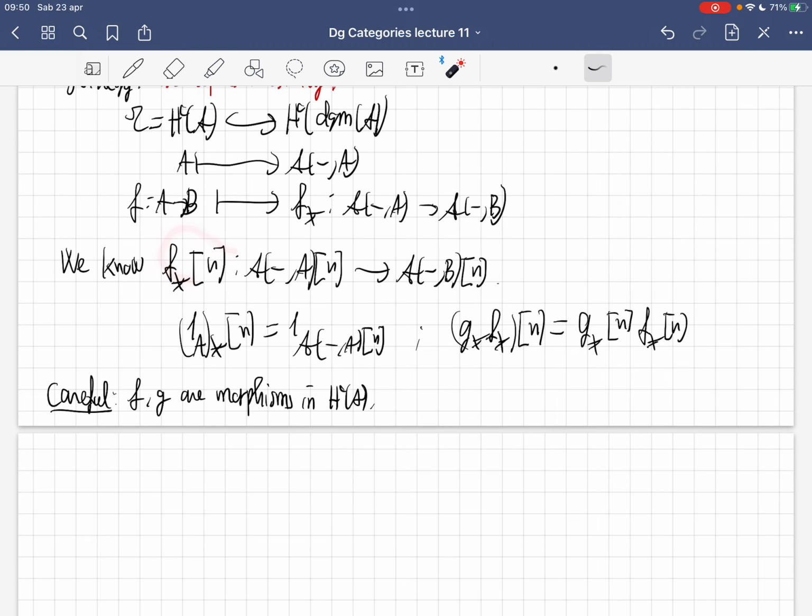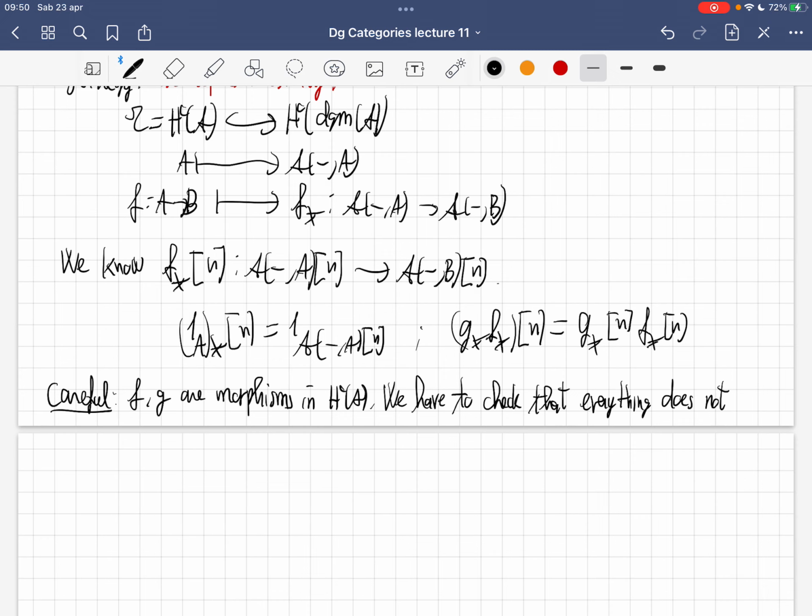Here you take really some morphism of complexes of G modules. We have to check that everything does not depend on the choice of representatives.